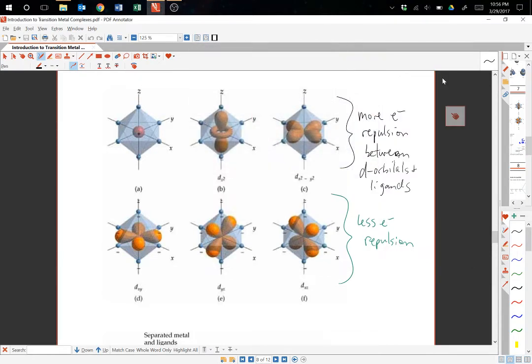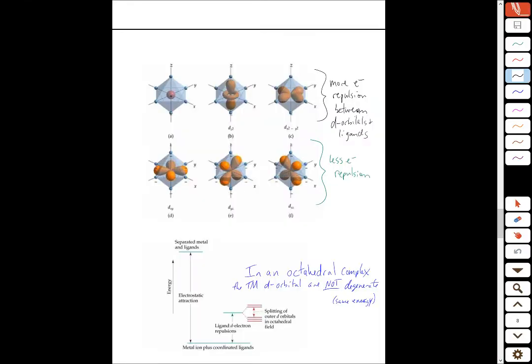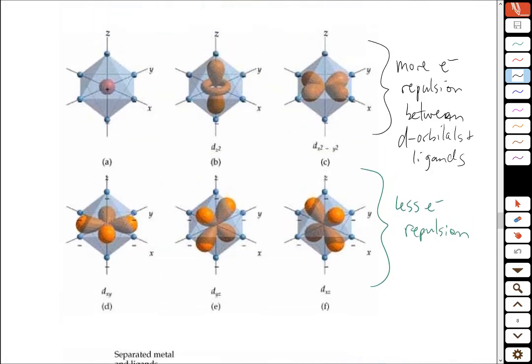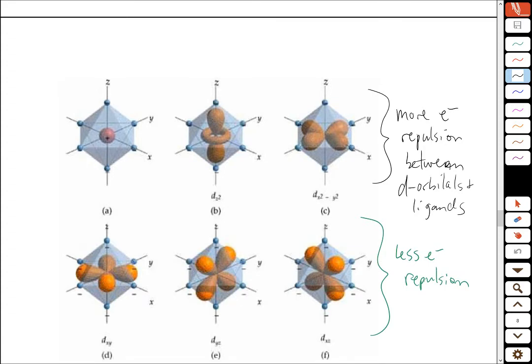All right, so where we left this on Wednesday, we were talking about transition metal complexes and how the ligands are bonded to the transition metal ion here in the center.